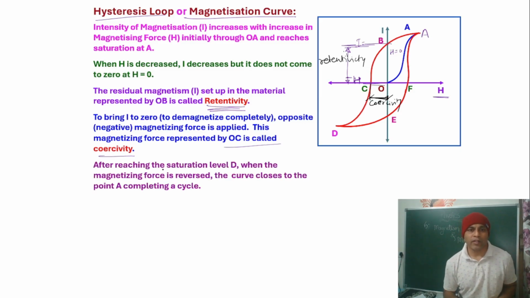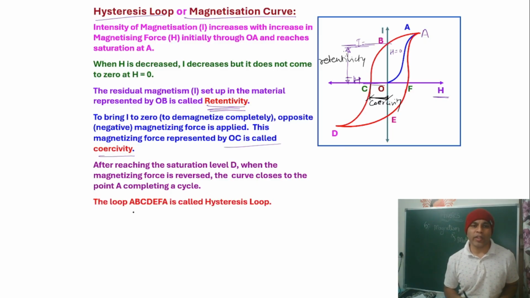After reaching the saturation level D, when the magnetizing force is reversed, the curve closes to the point A, completing the cycle. The loop ABCDEFA is called a hysteresis loop.